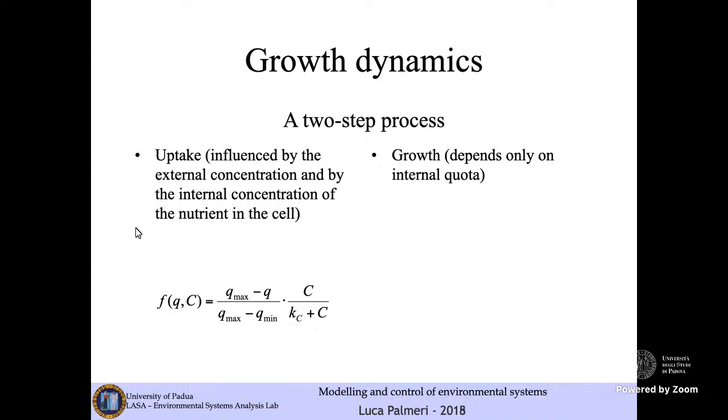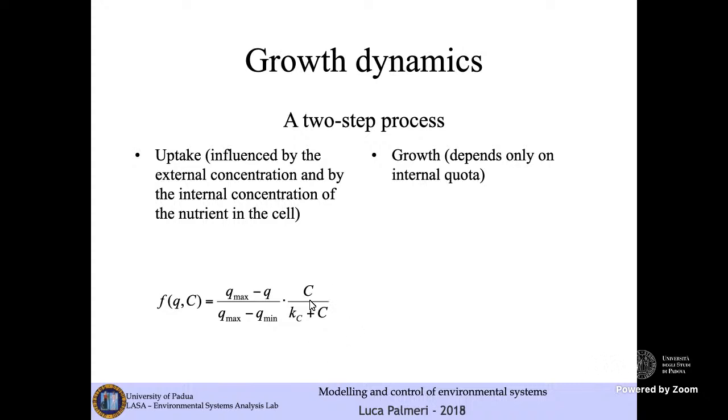In this case, this limiting function is made dependent on two concentrations, Q, that is the internal concentration, and C, that is the external concentration in the water column. So the uptake part of the process may be described by limiting the process with this kind of equation.